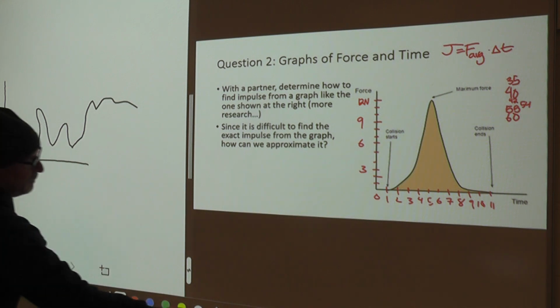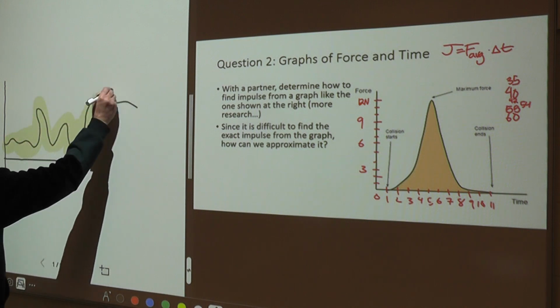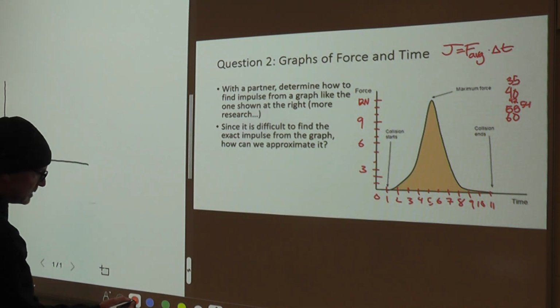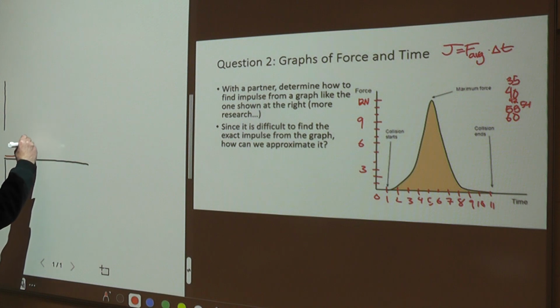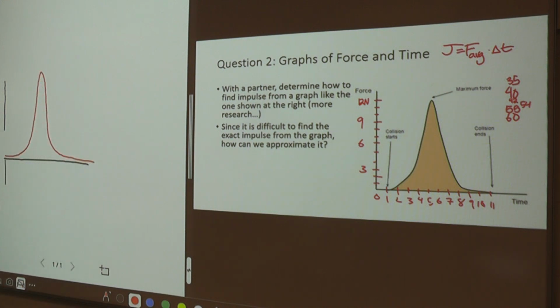Or even if it was some sort of regular shape, what if it looked more like this? This almost looks as if we can eyeball the middle, but that's not going to be the middle. The middle number, half of the maximum, is not going to give us the information that we need.